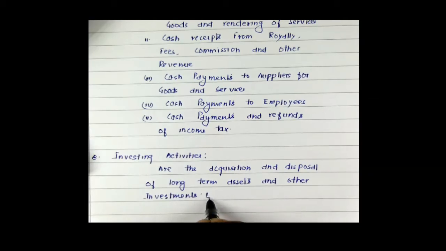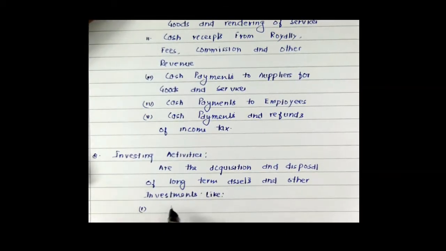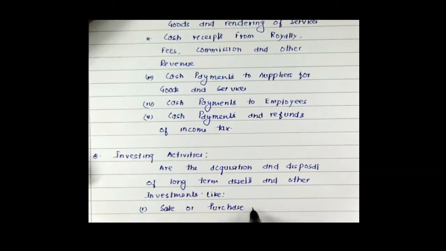Like 1. There are so many, correct? Sale or purchase of property, plant and equipment or fixed asset, whatever you may like to write.